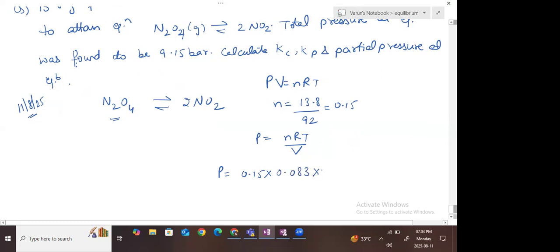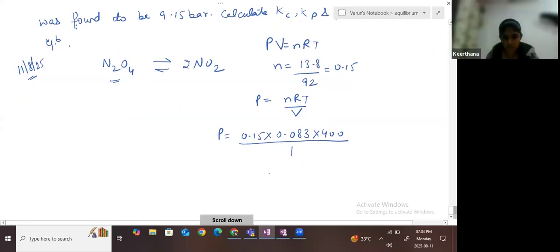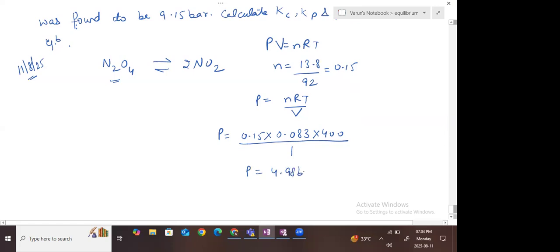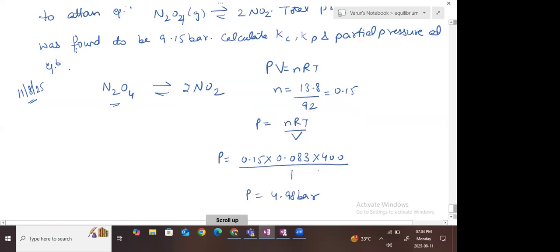And the temperature that has been given to me is 400. Now volume is given to me, that is 1 liter. So when I solve it, I get the pressure as 4.98 bar. It means this much pressure has been present for N2O4 initially. Correct?